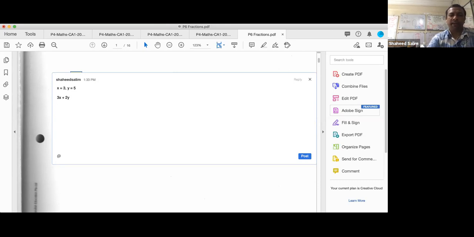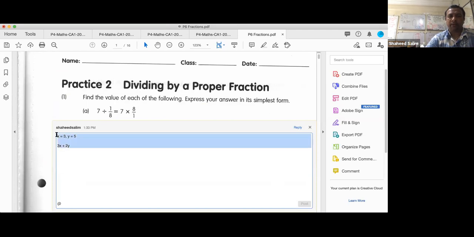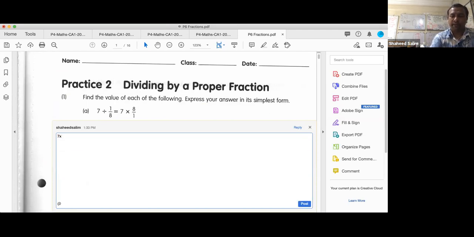Now simplify this. Can you simplify this? You know what simplify means? It means you make it neat. What's the answer for this?